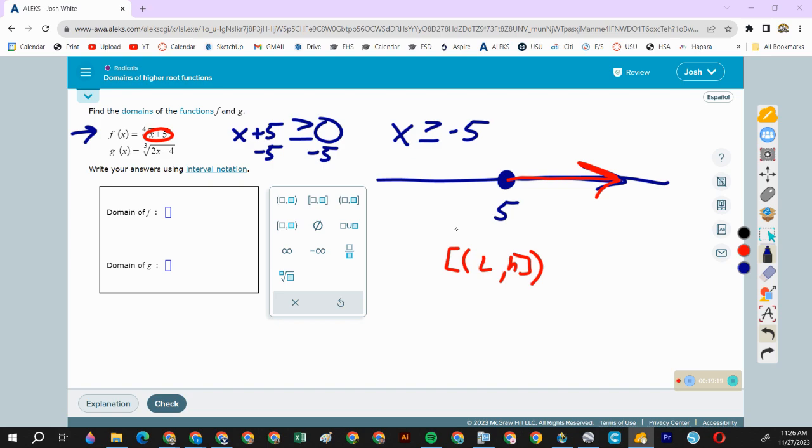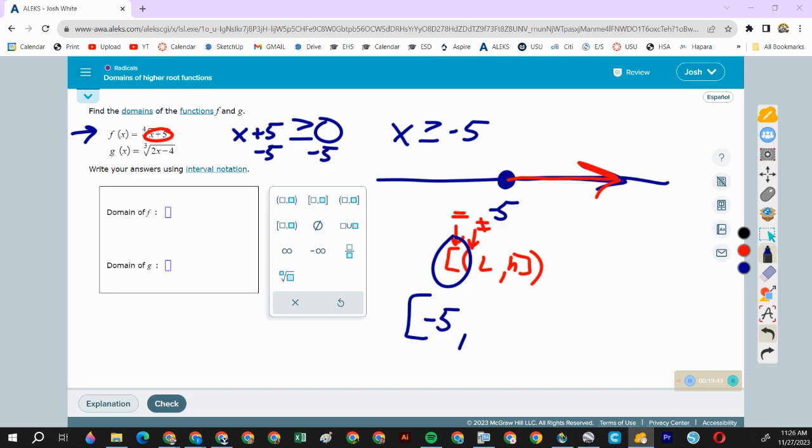So this means equal, and this means not equal. So what is the smallest number in that set? Oh, it should be negative 5, sorry. Negative 5. Does the graph exist at negative 5? Yes, it's equal to. So I picked this one.